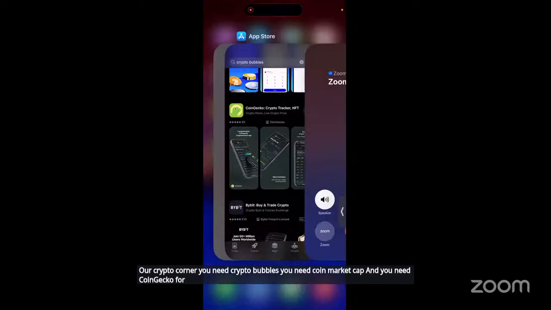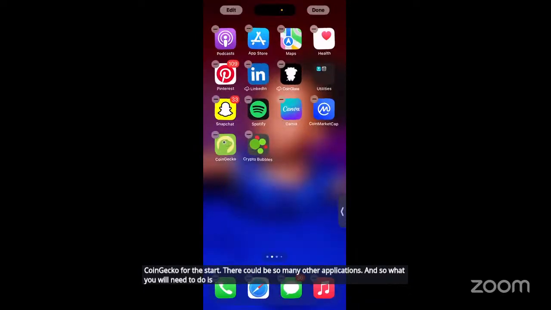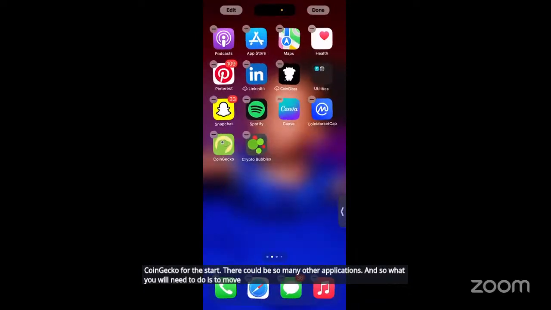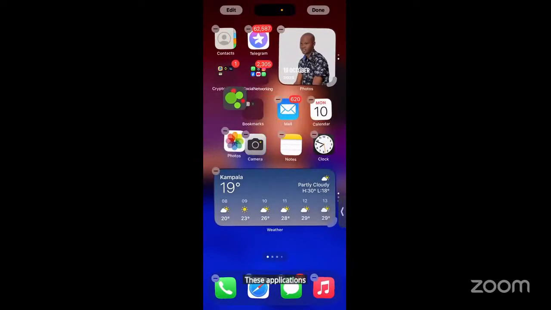Okay, there could be so many other applications, and so what you'll need to do is to transfer these applications to your crypto corner.